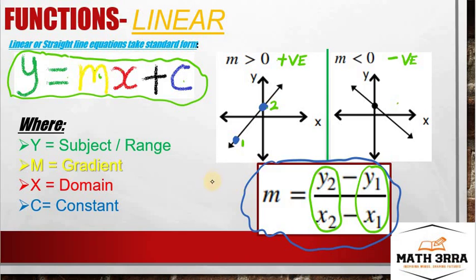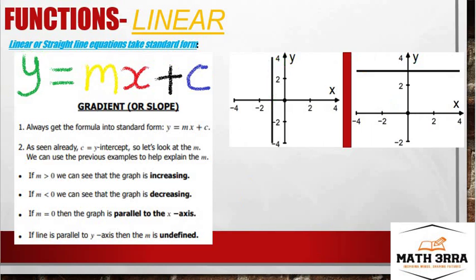So enough said. Now moving on to the next part of our introduction to linear functions. I've just mentioned that the slope or the gradient determines the shape of our graph, right? When the gradient is positive, our graph increases from left to right, and when the gradient is negative, our graph decreases from left to right. But then what happens if a line is parallel to the y-axis, as we have in this case?